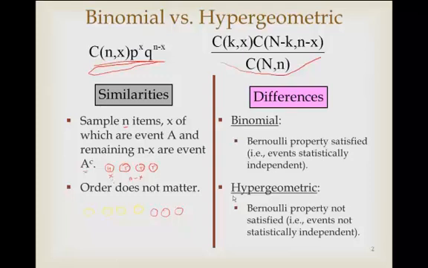So hypergeometric, the Bernoulli property is not satisfied. They're not statistically independent. For the binomial, on the other hand, the Bernoulli property is satisfied, because when we flip a coin randomly, the next time it doesn't matter at all what happens.